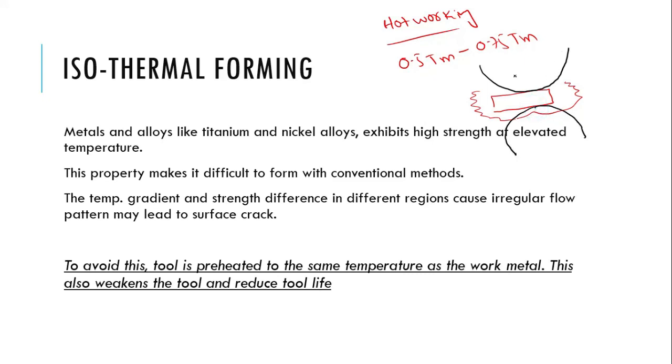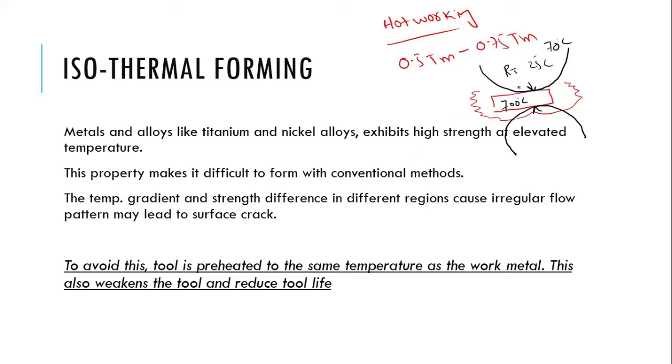These rolls are compressing this hot material. The material is really hot, let's suppose at 700 degrees centigrade, but the tool is at room temperature, maybe 25 degrees centigrade, or say even 70 degrees centigrade because of the hotter environment.